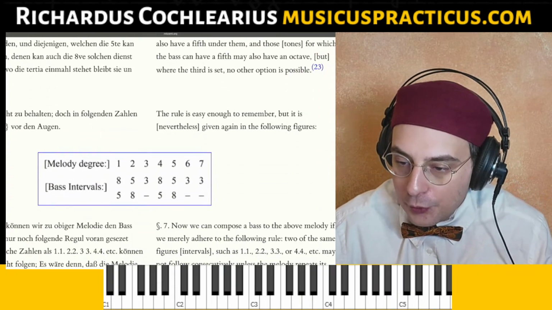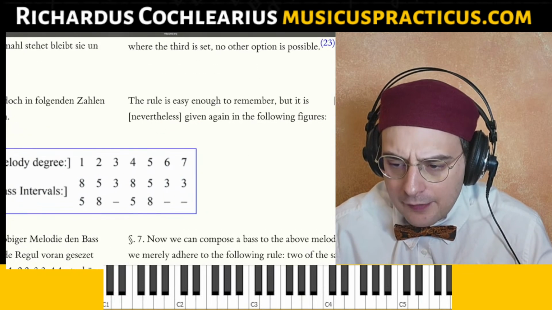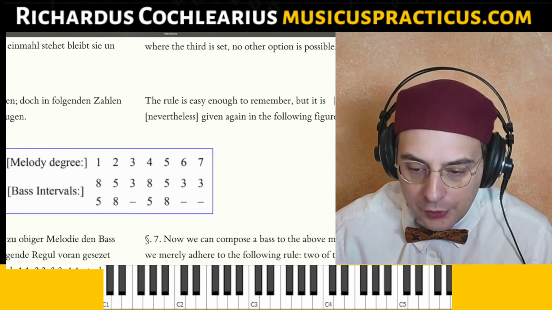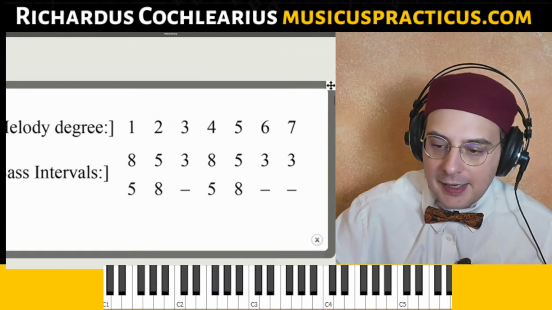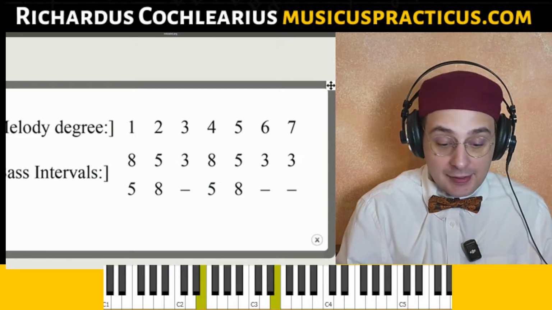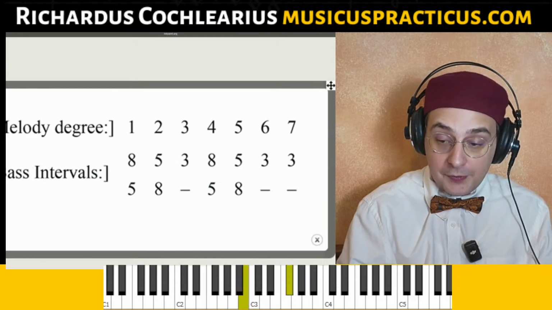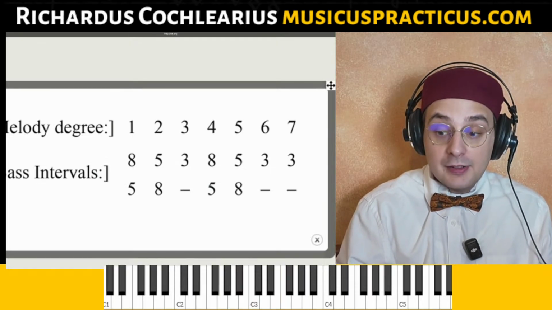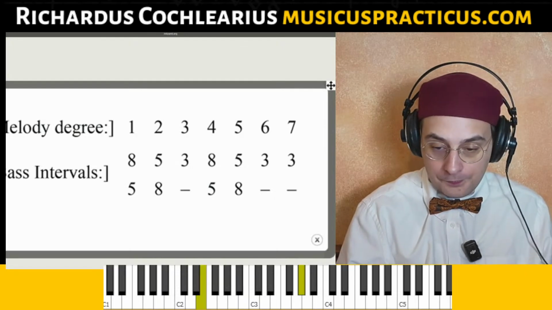Here it is. The rule is easy enough to remember, but it is nevertheless given again in the following figure. So degree 1, let's do this in another key. Let's take E major. Degree 1, 8th or 5th. Degree 2, 5th or 8th. Degree 3, we can have only the third below.